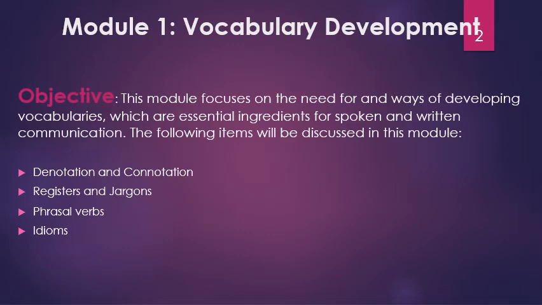You can see module 1 covers vocabulary development, which has the main objective of focusing on the need for and ways of developing vocabulary, which are essential ingredients for spoken and written communication. In due course, the following items are going to be discussed: denotation and connotation, registers and jargons, phrasal verbs and idioms.